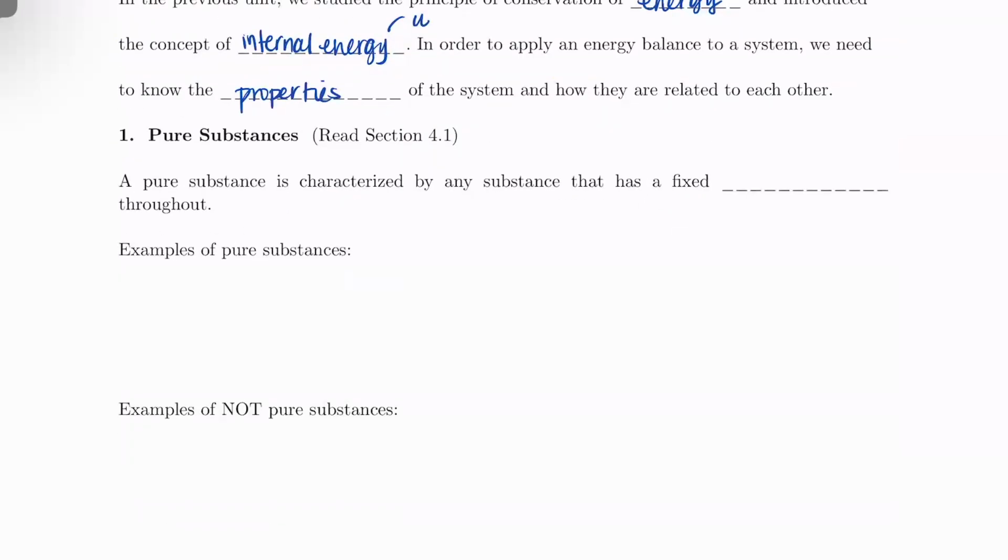Okay, so the first thing that we have to define is what a pure substance is. A pure substance is any substance that has a fixed chemical composition throughout the system. Some examples of pure substances would be water, carbon dioxide, oxygen, copper.